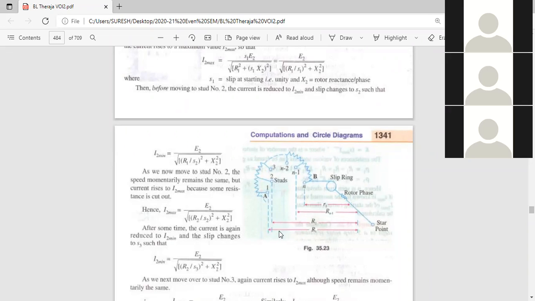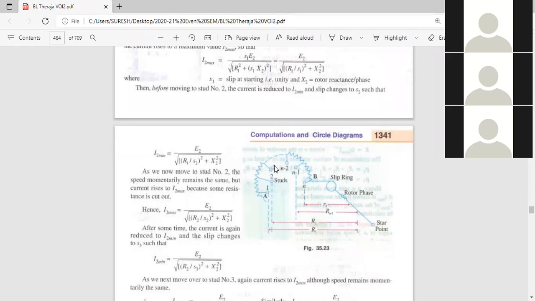See here, it is clearly given. R1 is the resistance from here to here, R2 is the resistance from here to here. Then what is the resistance in between 1 and 2? R1 minus R2 is the resistance in between 1 and 2.